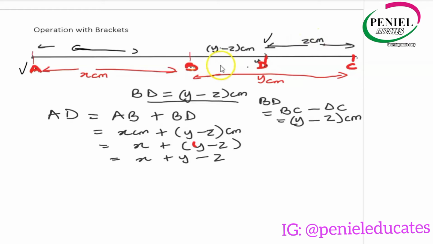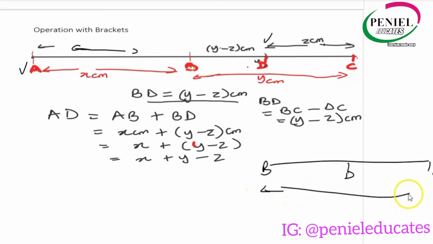We have line B, line D, and line C. This particular one from here to here is given as Y centimeter, and then from here is given as Z centimeter. For you to find BD, you just need to look at the total minus this. So BD will be Y minus Z centimeter.